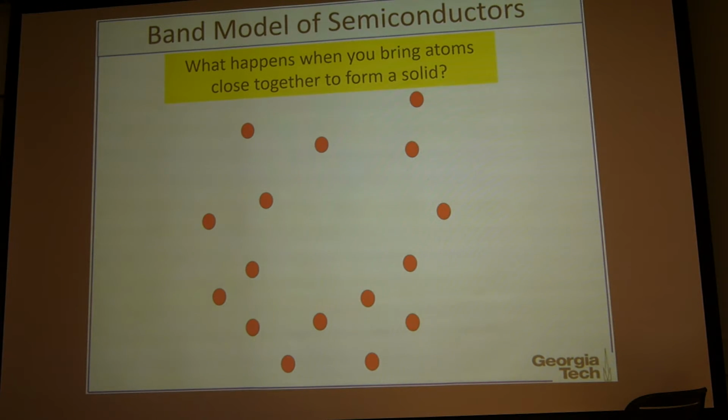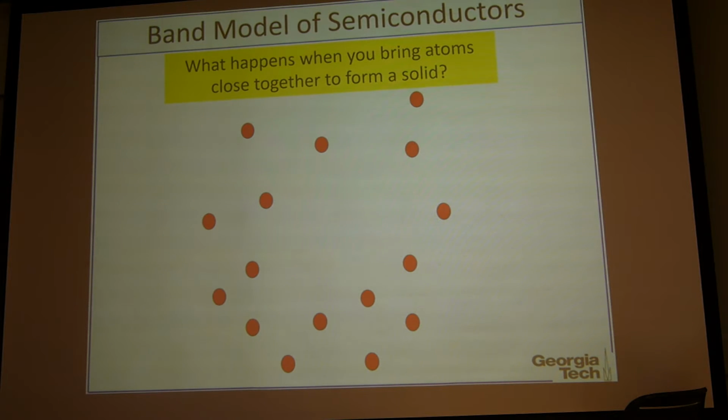Okay, so then what happens when you bring individual atoms closer together to form a solid? What we have seen in the previous slide is an individual atom, with its orbitals. And here the question is we are dealing with a piece of silicon. It's a solid, not an individual atom.